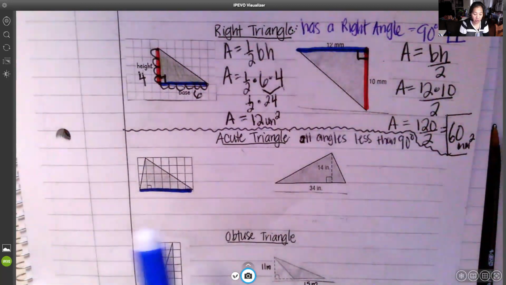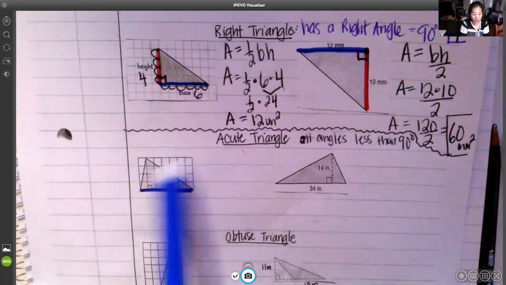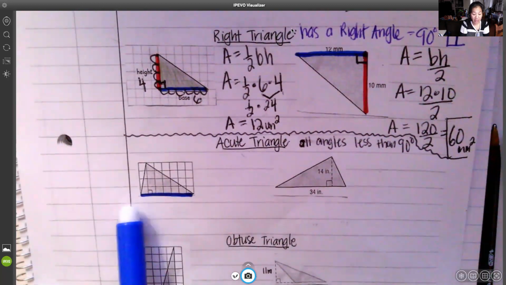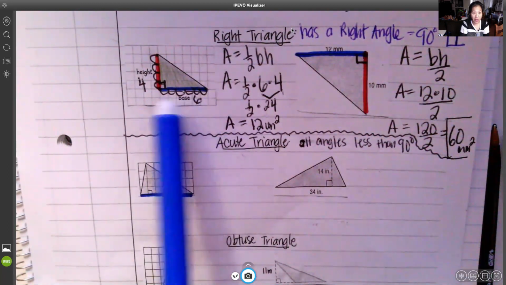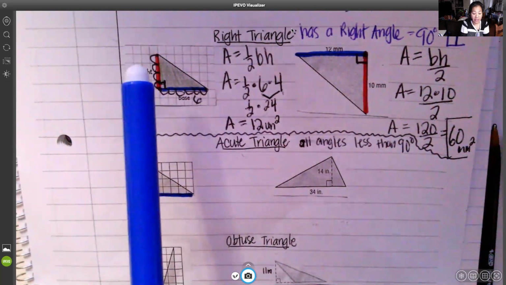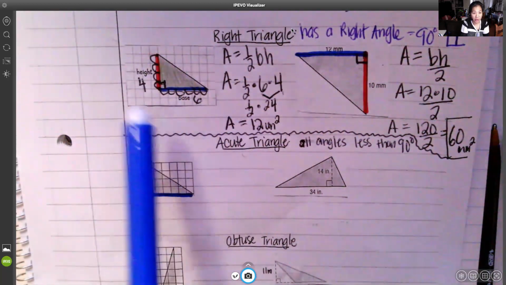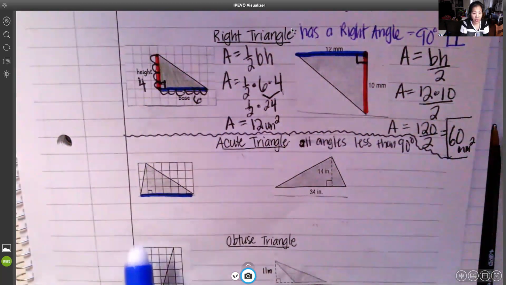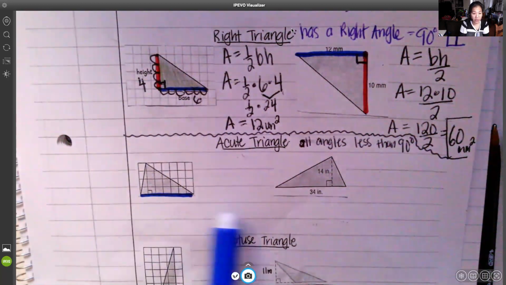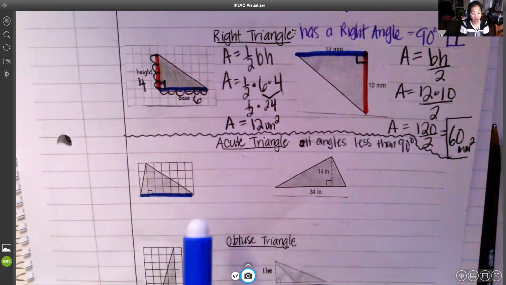This time in an acute triangle, the height isn't one of the other sides. In a right triangle, the base and the height is the sides of the actual triangle. But in an acute triangle, the base is one of the triangle sides, but the height is not. Okay, remember the height is how tall the triangle is.